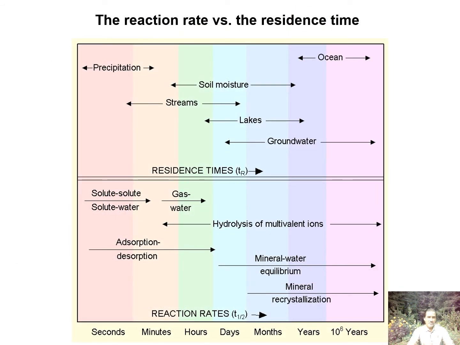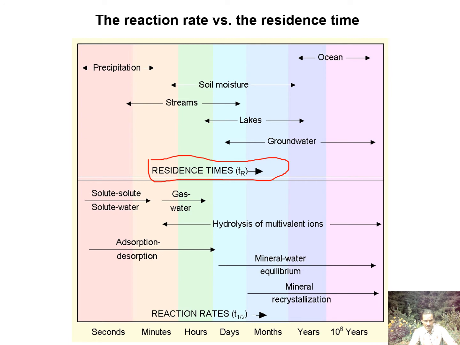So this plot is in your textbook. It relates the reaction rate with the residence time. So just as I was describing about the system and considering the half-life, we can do that with this figure as well. So here we have the residence time, different residence times for different types of systems like streams, lakes, and ocean.